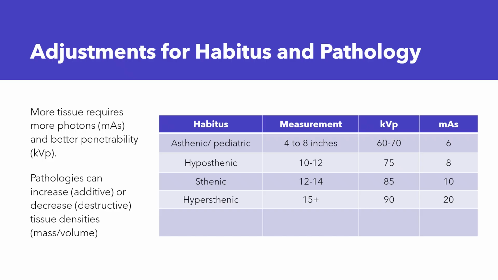Okay. The other thing that affects selection of technique is pathology, the presence of pathology. So pathologies can be additive or destructive, okay, and can adversely affect tissue densities. For example, ileus, which is small bowel obstruction, usually involves gaseous expansion, abnormal gaseous volume of the small bowel.